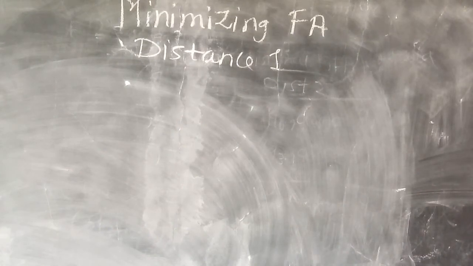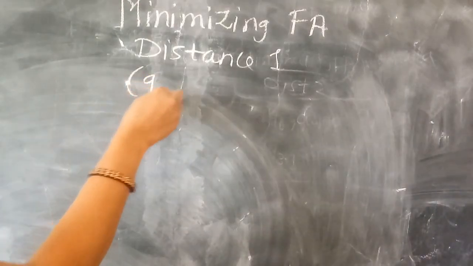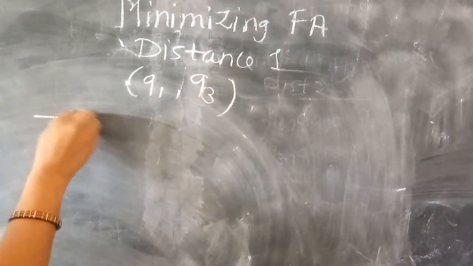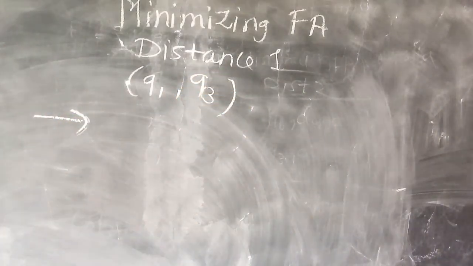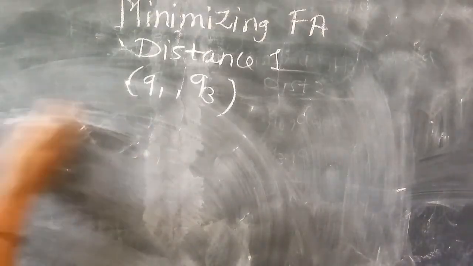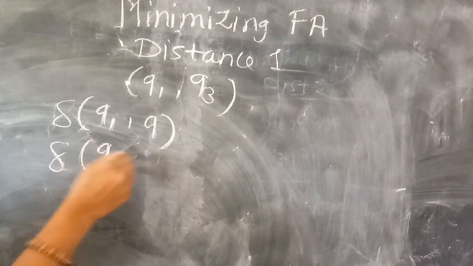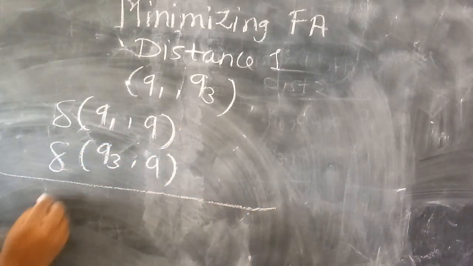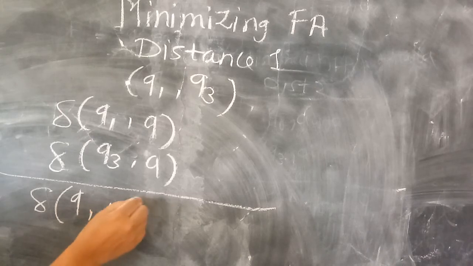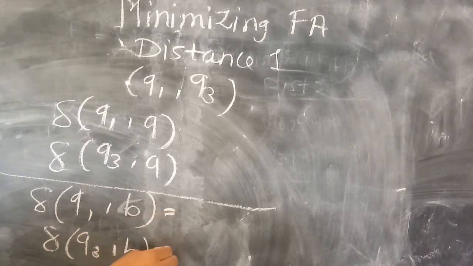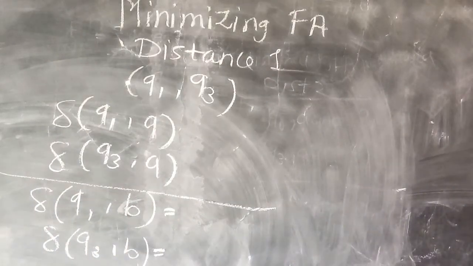Now we will calculate the distance for the next pair of states, that is Q1, Q3. For Q1, Q3 you have to perform delta of Q1 on A, again delta of Q3 on A. Simultaneously we have to find delta of Q1 on B, again delta of Q3 on B. So we will find the outputs of these states.